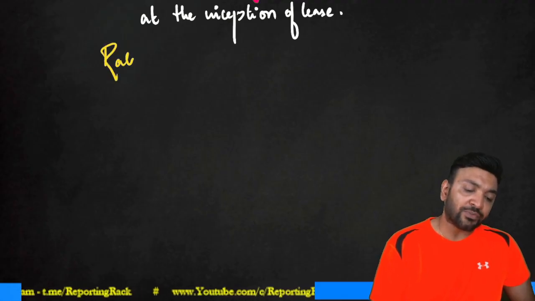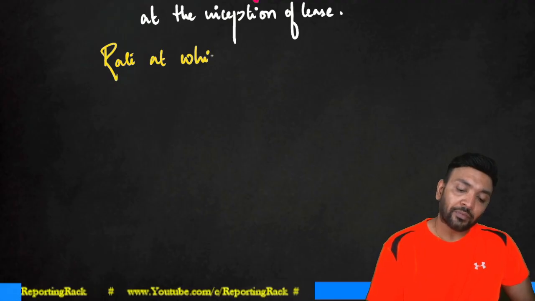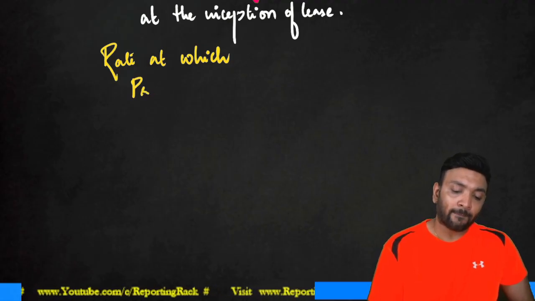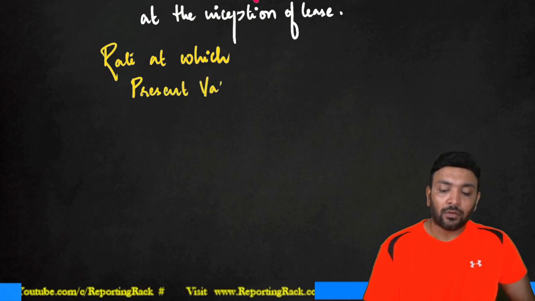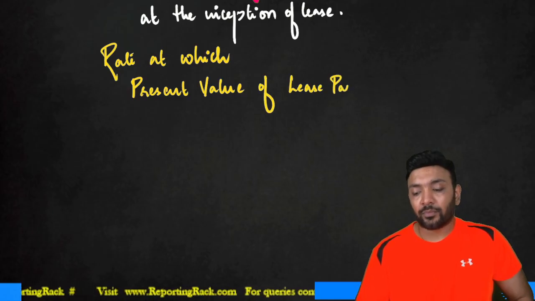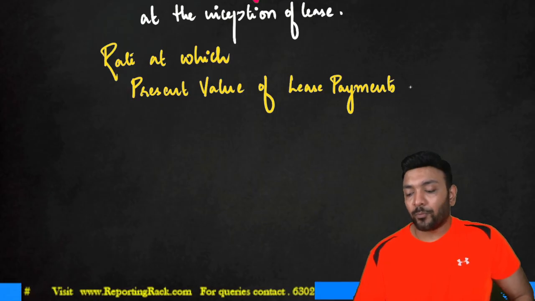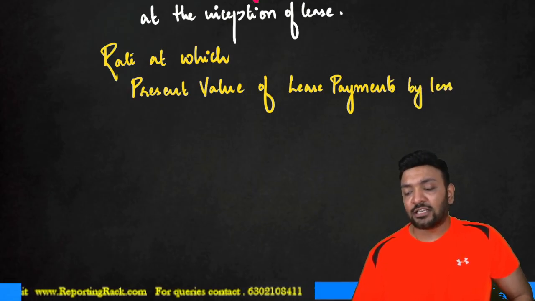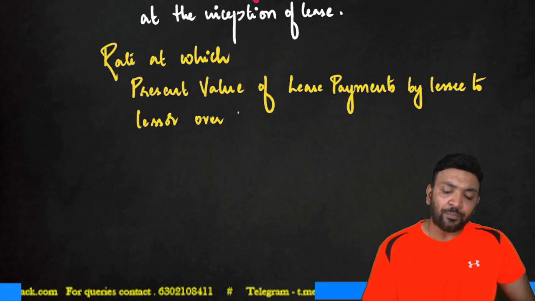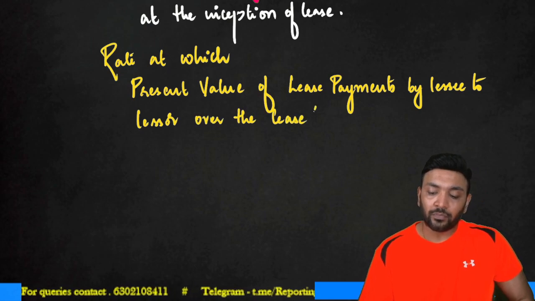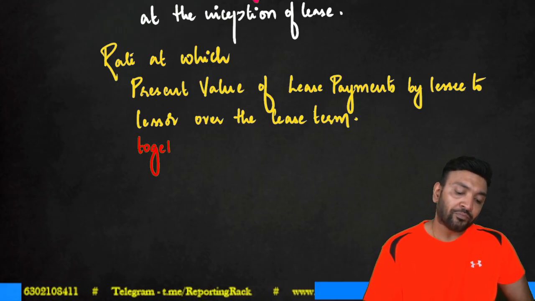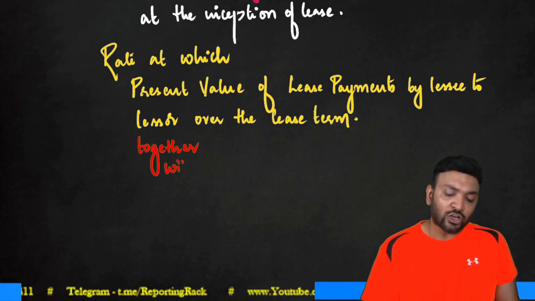It is a rate at which the present value of lease payments by lessee to lessor over the lease term together with, what should it be combined with?